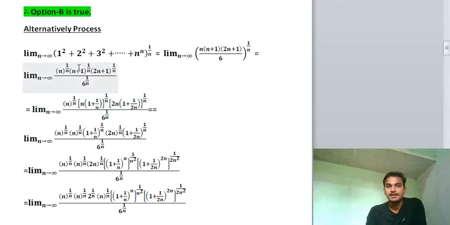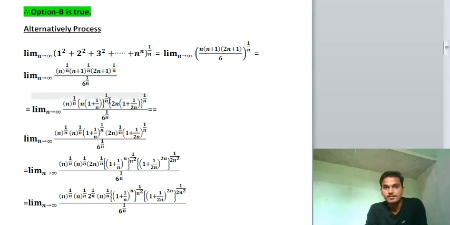We can write it when we bring n common from this. So it will be n into (1 plus 1 by n), whole divided by 6 to the power 1 by n.